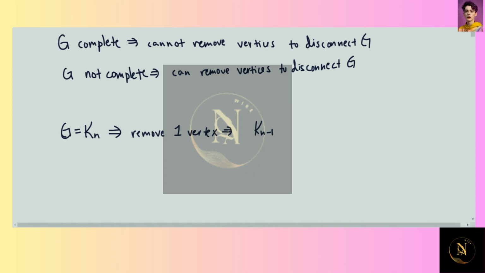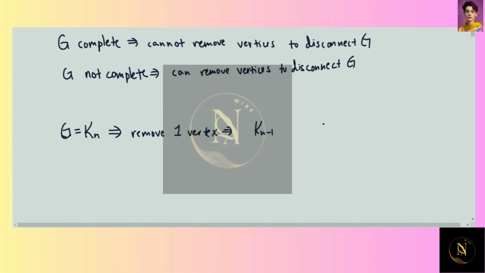Because if we remove one vertex, then the degree of all the remaining vertices goes down by exactly 1. So all n minus 1 vertices will have degree n minus 2, because the edges connecting all possible pairs of these n minus 1 remaining vertices will still be intact. There will still be edges.